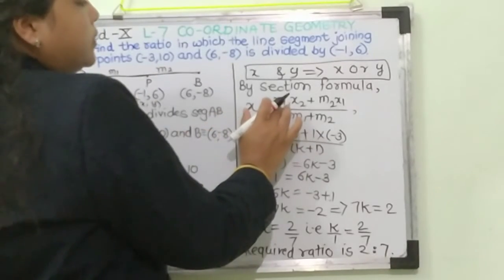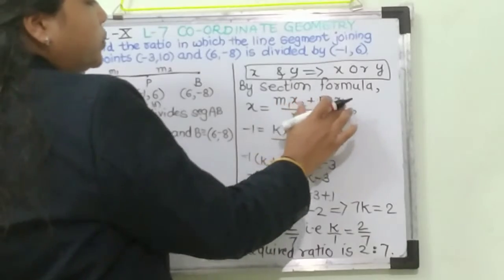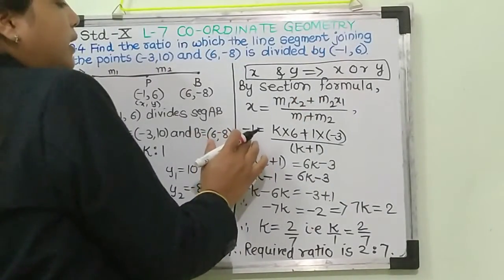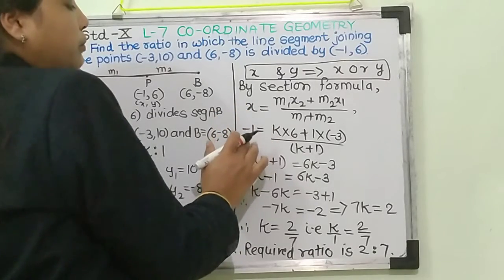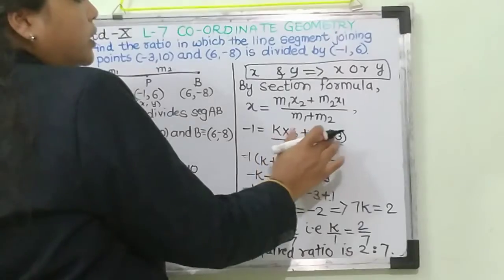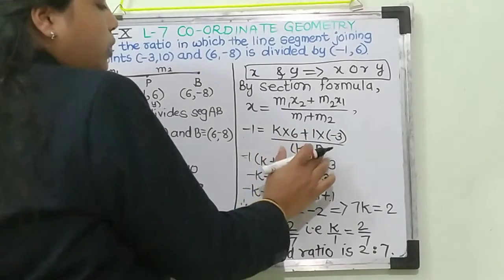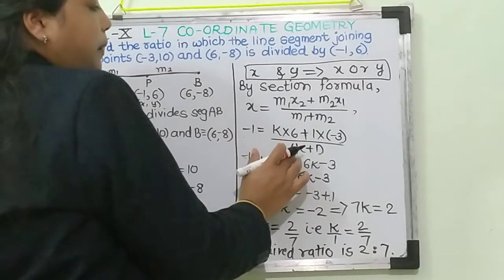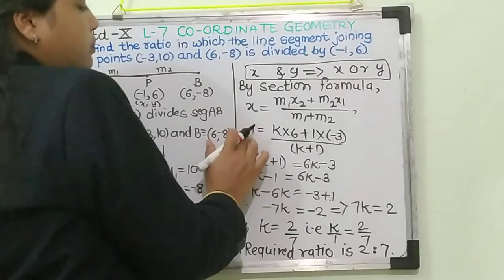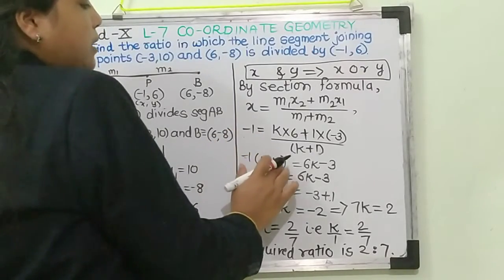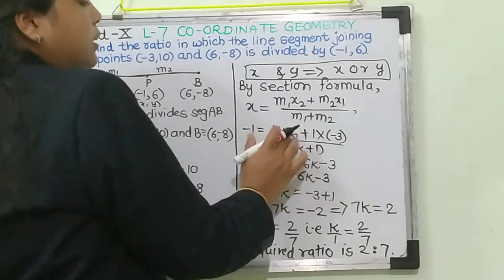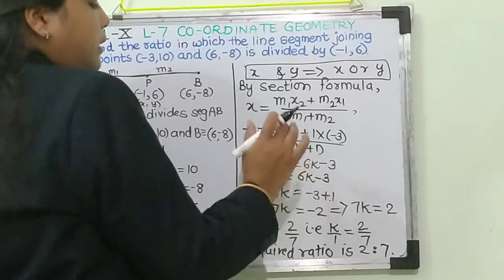X coordinate is equal to m1 x2 plus m2 x1 upon m1 plus m2, and hence substituting the values we get -1 equals k into 6 plus 1 into -3 upon k plus 1. So this k plus 1 goes to this side, it becomes multiplied to the -1. So -1 into k plus 1, that is -k minus 1, equals 6k minus 3.